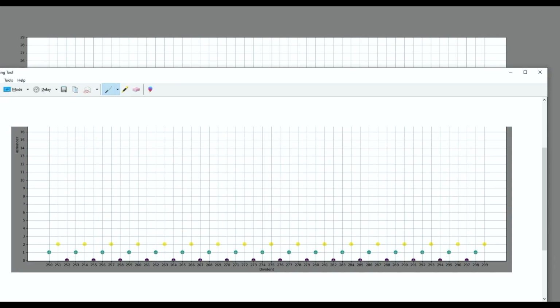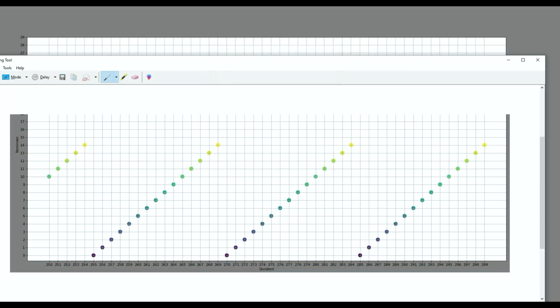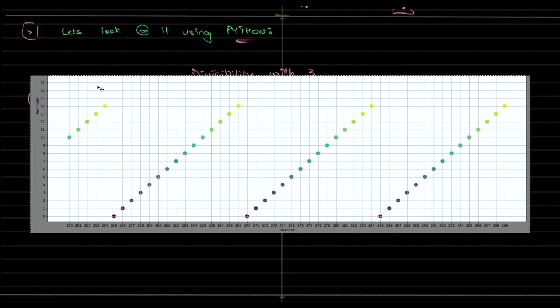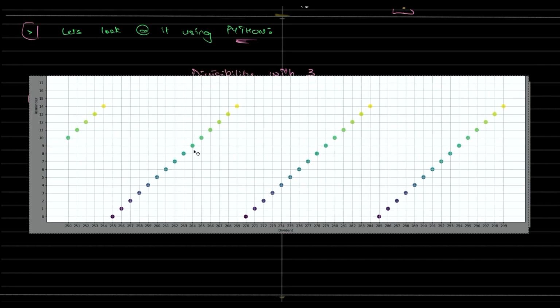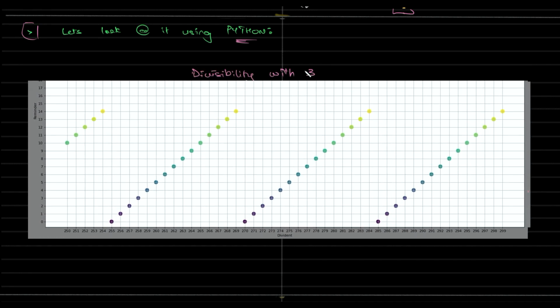Make sense? So here we're looking at divisibility with 15, right? So we are dividing with 15.